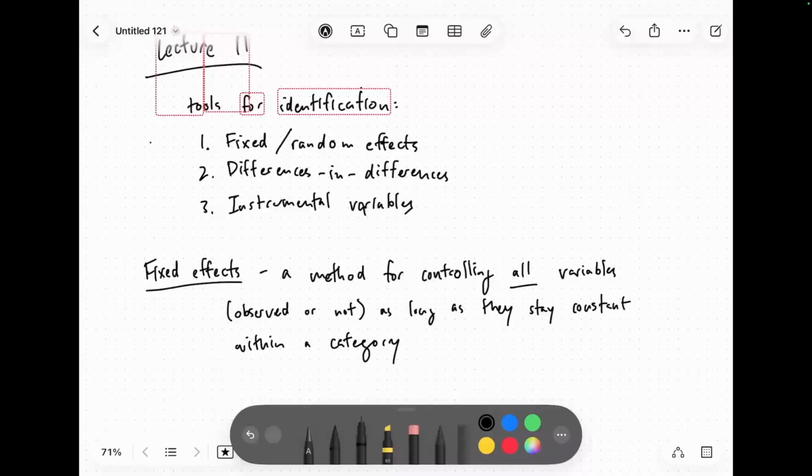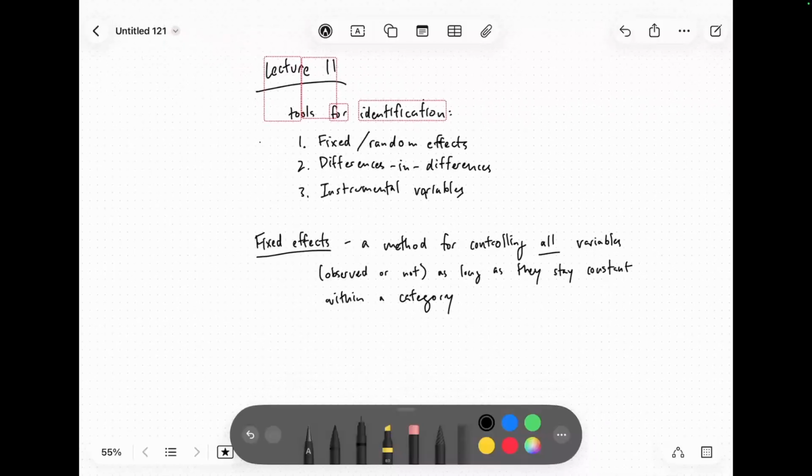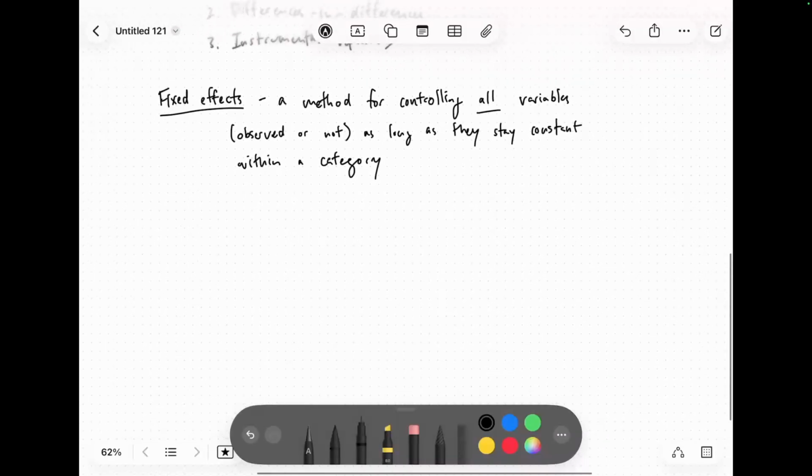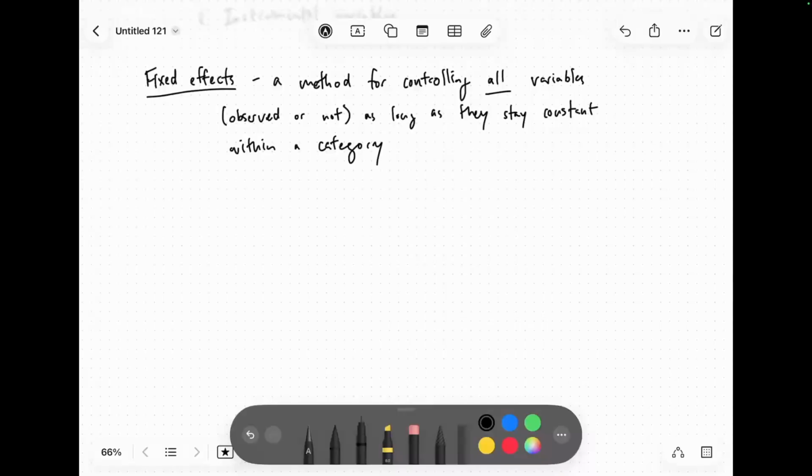Okay. So, what does that mean? So let's consider an example here, where we want to understand the causal linkage between weight and exercise.